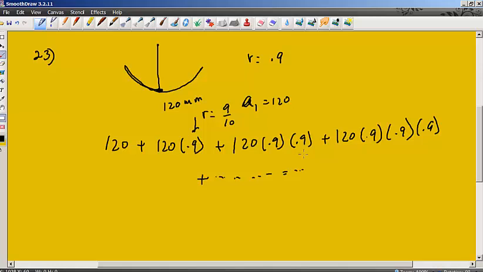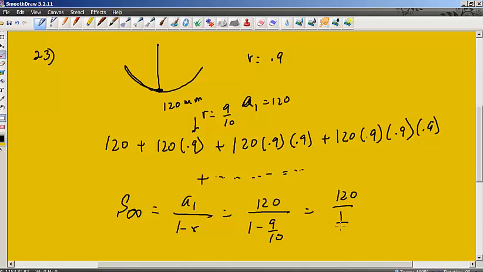If there's no friction, how long will the pendulum swing? In space, it will swing an infinite number of times. So therefore, this is an infinite geometric series, and that is a sub 1 over 1 minus r, so it'd be 120 over 1 minus 9 over 10, which is 120 over 1 over 10, which is 1200.